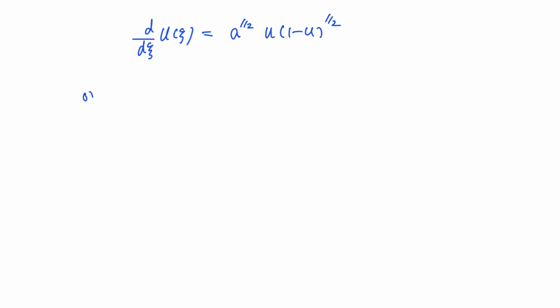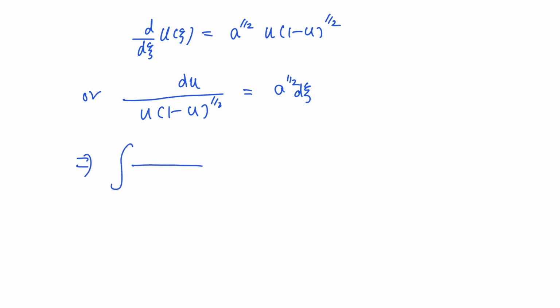Or u 1 minus u to the 1/2 du is xi, d xi. So actually we can integrate du over u 1 minus u to the 1/2 is a xi. Again, we just put the constant to 0.